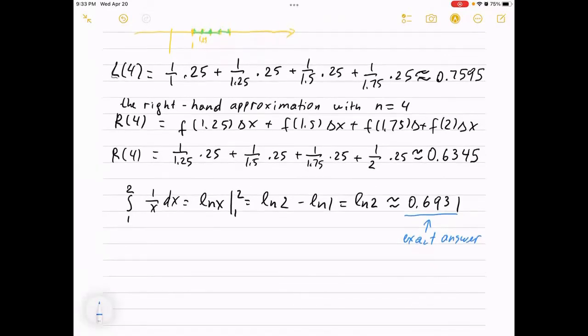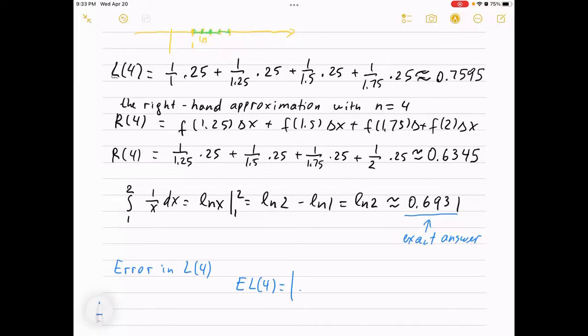So we can calculate errors. The error in L4, I'm going to calculate only the magnitude.